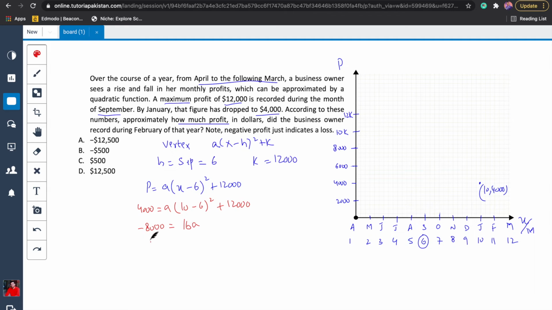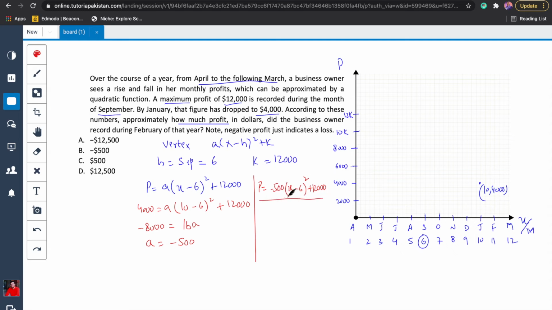If you divide this, you will get A equals minus 500. So our equation basically looks like this. Our equation is profit equals minus 500, this is our A, x minus 6 whole square plus 12,000. This is our final equation, but we are not done yet.